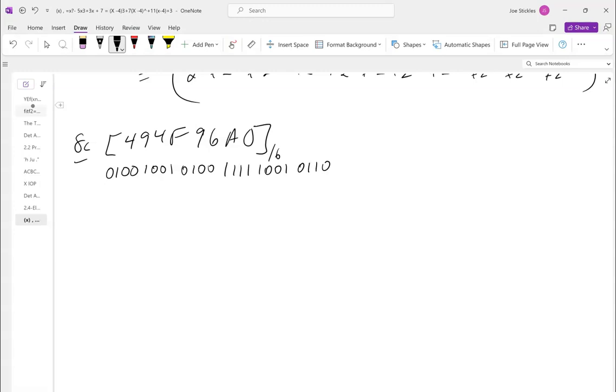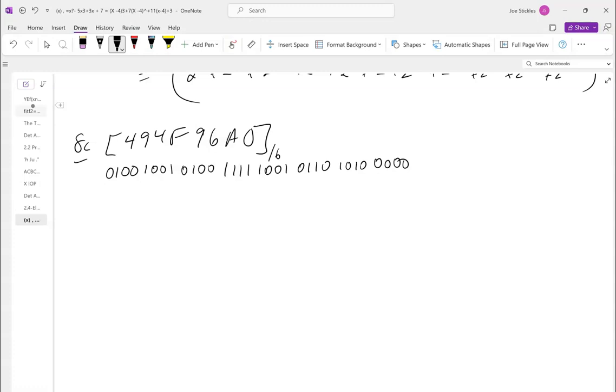A is 1, 0, 1, 0, and then 0 is the easy one, right? Everybody okay with getting those single digits converted over to binary? Not too bad. Like I said, with practice, you'll just write them down. Okay. Next step.